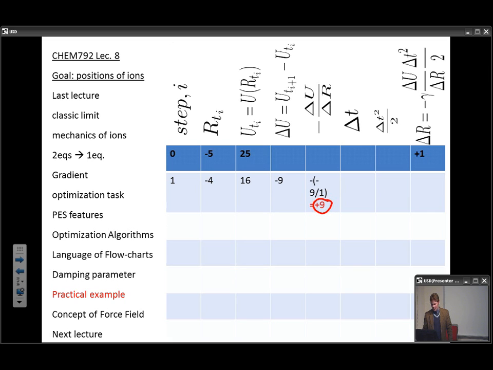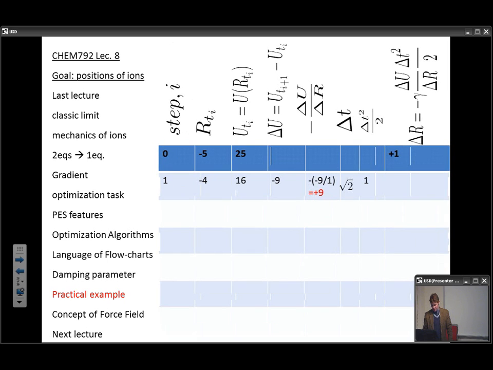Okay. Then we have some parameters for time step, which right now are not related to any time, but we need those to apply the Newton mechanics. So we set up the delta t so that delta t squared over 2 will be 1.